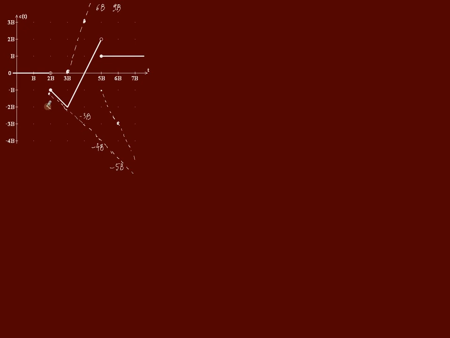Its value is the tangent of this angle, and the tangent of angle alpha is the value of b divided by the value of b, which is 1. I don't have to write it, but it will be more readable.